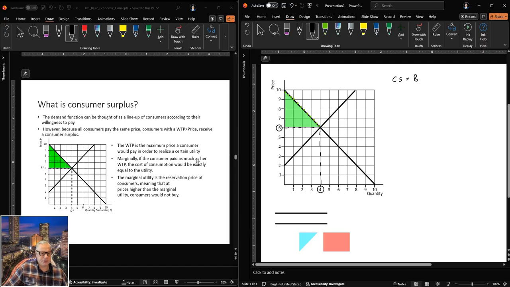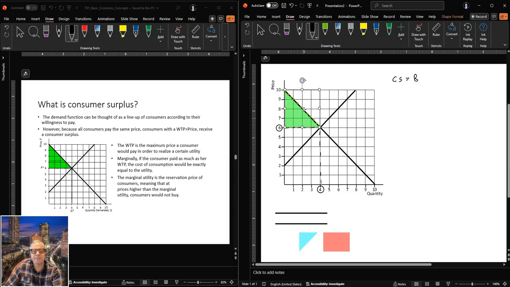And from a marginal perspective, if the consumer paid as much as the willingness to pay, the cost of consumption would be exactly equal to the utility. So the marginal utility is the reservation price of consumers, meaning that at prices higher than the marginal utility, consumers could not buy. So now this green area, or here on the right side, this area is consumer surplus, and it's part of welfare.